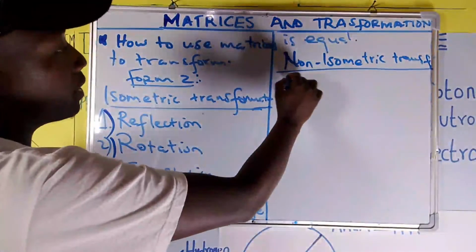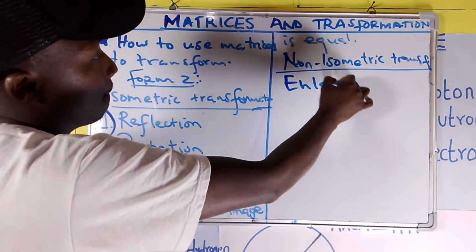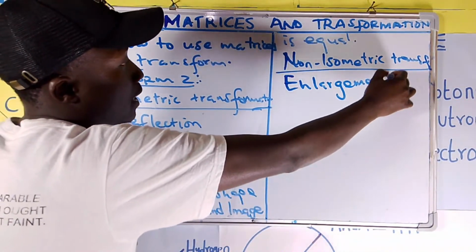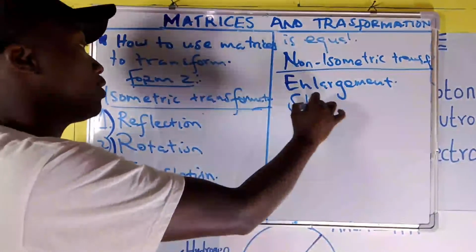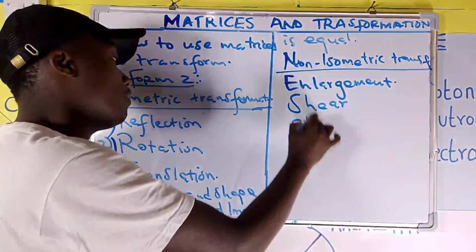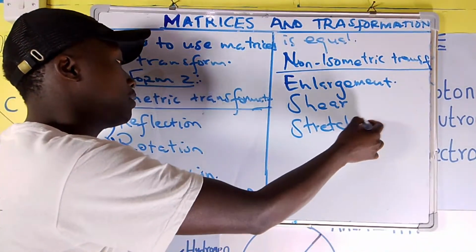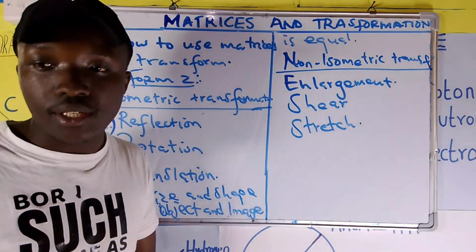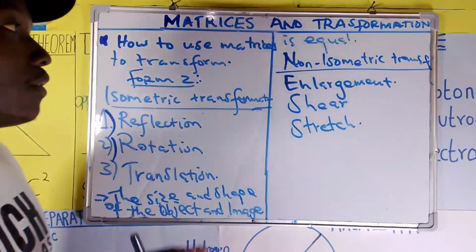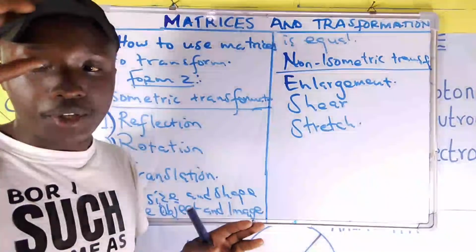A good example is enlargement. Enlargement will interfere with the size. We also have what we call a shear, and we have what we call stretch. So enlargement, shears, and stretches are a good example of non-isometric transformation.